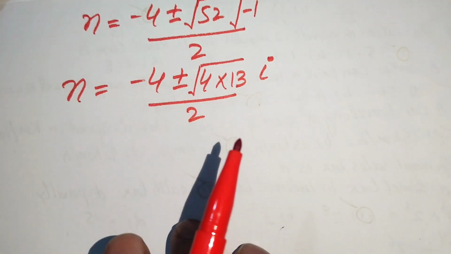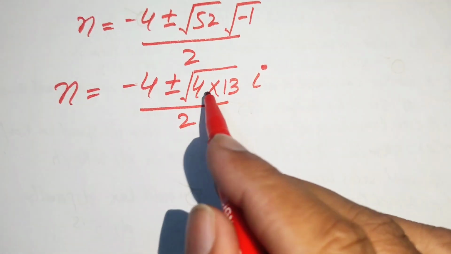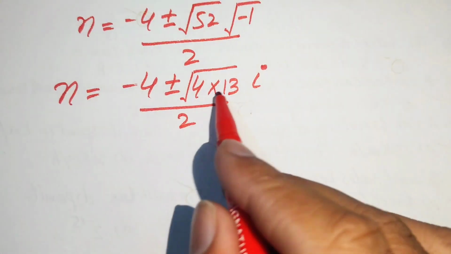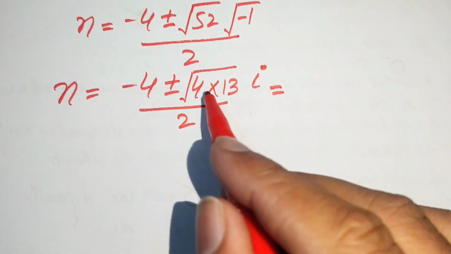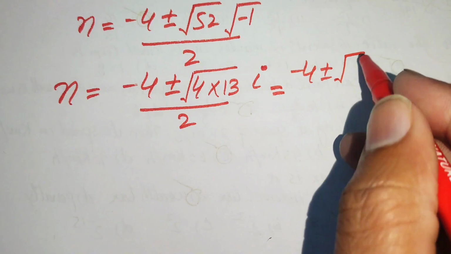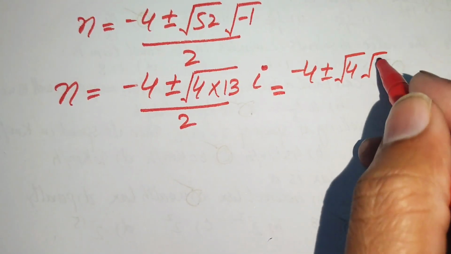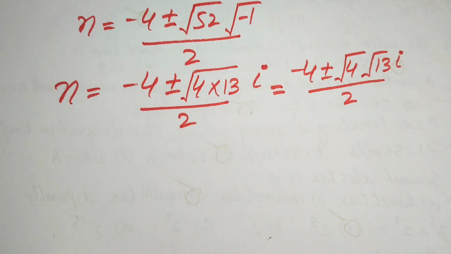After this step we separate the square root on both of these terms. It is written as minus 4 plus minus square root of 4 into square root of 13 iota, divided by 2.